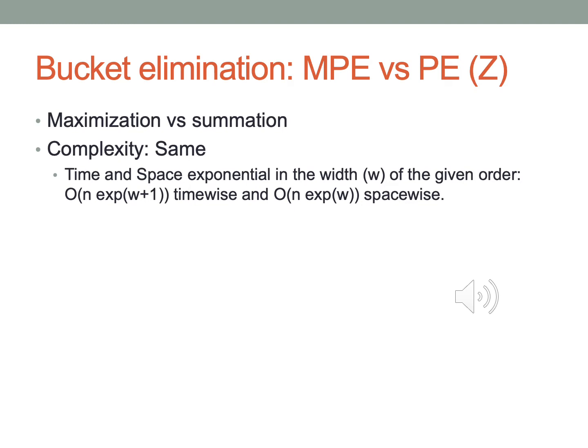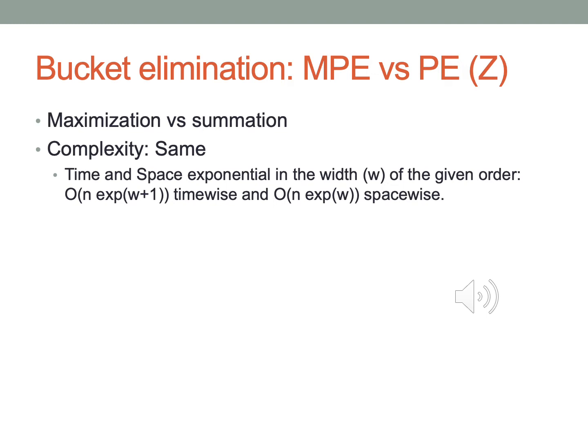What I mean by remains the same is the same complexity as the probability of evidence task. Thus, time-wise, it is exponential in the width of the order plus 1, and space-wise, it is exponential in the width of the order, and the width of the order is denoted by W. Thus, the best you can do is exponential in tree width plus 1 time-wise and exponential in tree width space-wise.